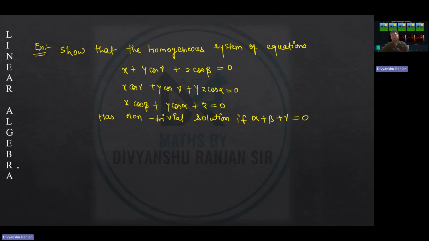Now come to the solution part. जैसे इस केस में आपके सामने जो कोफिशिएंट बनेगा वो क्या क्या होगा, 1 होगा, यहाँ से cos gamma, cos beta, second thing is cos gamma 1 and cos alpha, and lastly here cos beta, cos alpha, and here is 1 which is equal to 0.